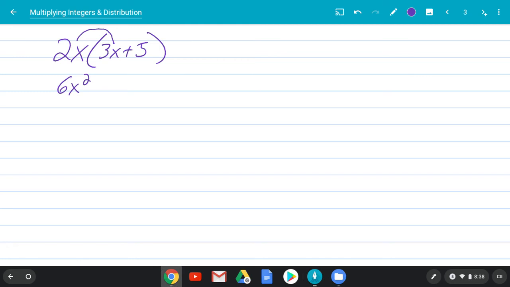Why is it squared? Each of my x's is the first power, and I got to add those exponents. And then 2x times 5 is 10x. Try this one, please. 3x times 5x minus 6. You do it on your own.